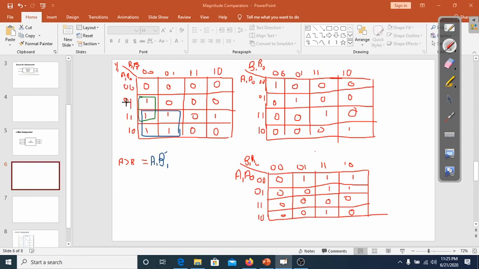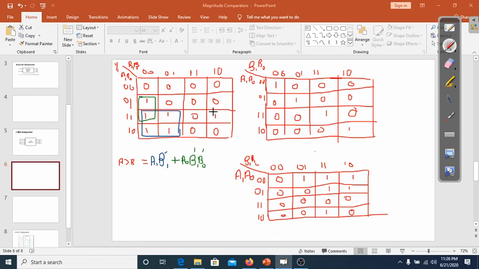In this case A1 prime and A1 will cancel out, so I will get A naught, and here I will get B1 prime and B naught prime. B1 and B naught both have prime.